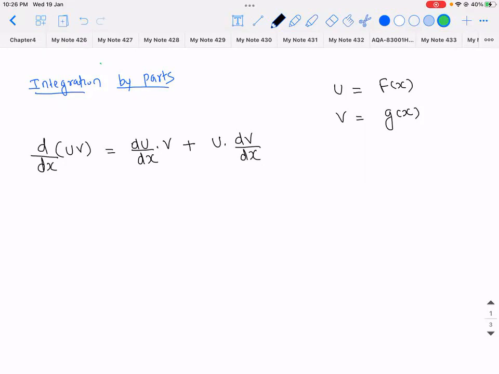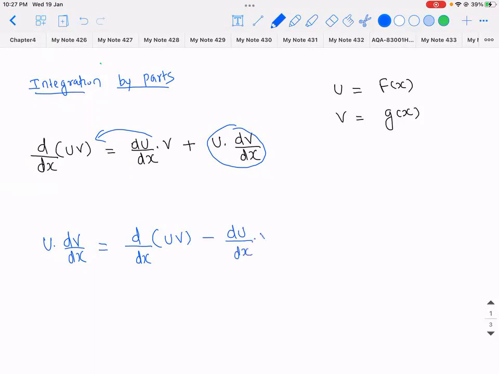Now suppose I would like to make u times dv by dx my subject. That means I would like to bring this to this side. So we can write u times dv over dx as d by dx of uv minus du over dx times v.